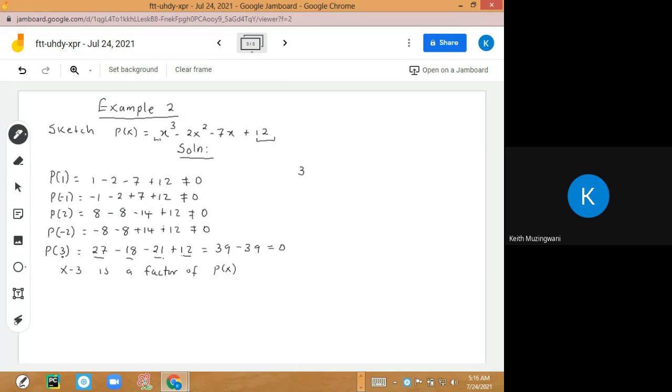So I want to use 3. So you put 3 there. In synthetic division, you write all the coefficients of the polynomial. So we have 1, we have -2, we have -7, +12. And then drop 1, 3 by 1, you get 3, and add.